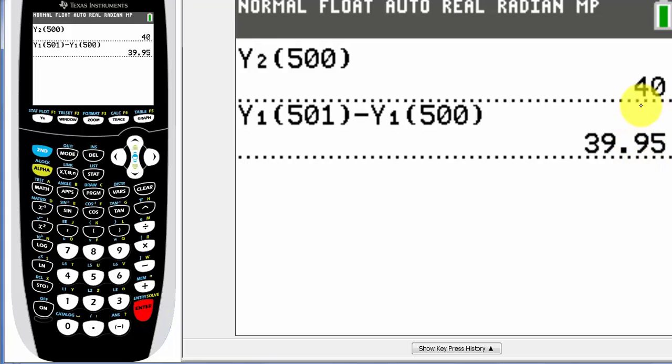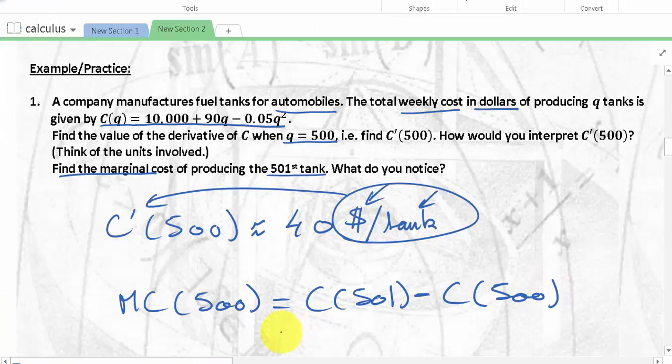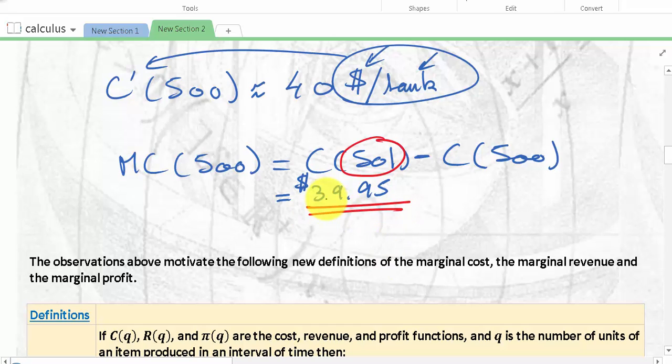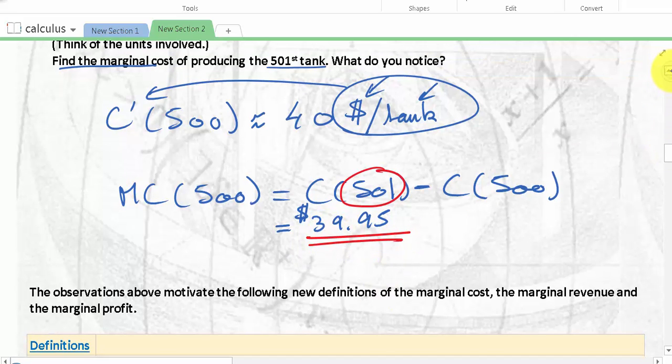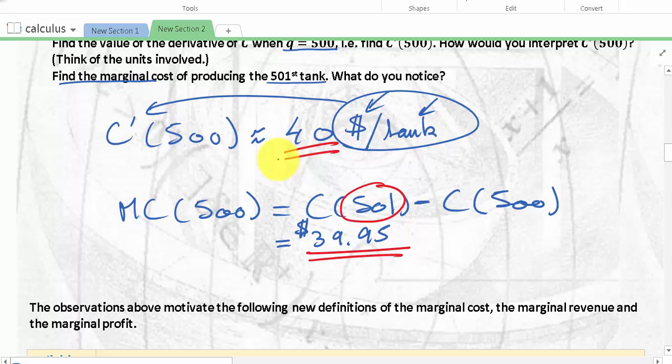You see how close these two numbers are? It means if you want to produce the 501st tank, it's going to cost you $39.95, while right here we had this $40 per tank.